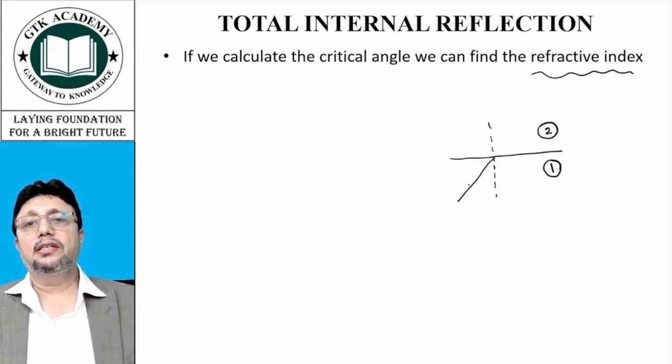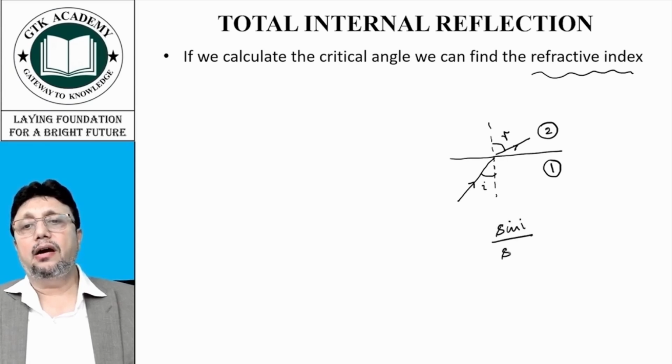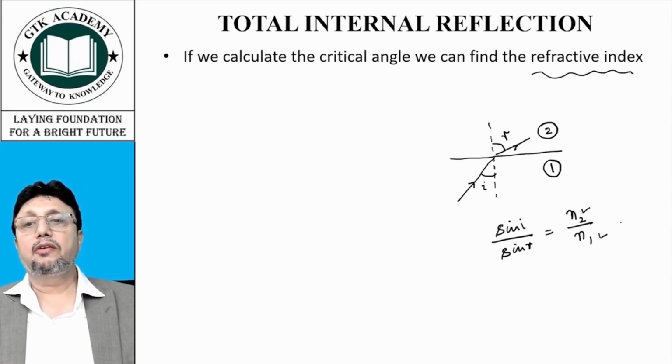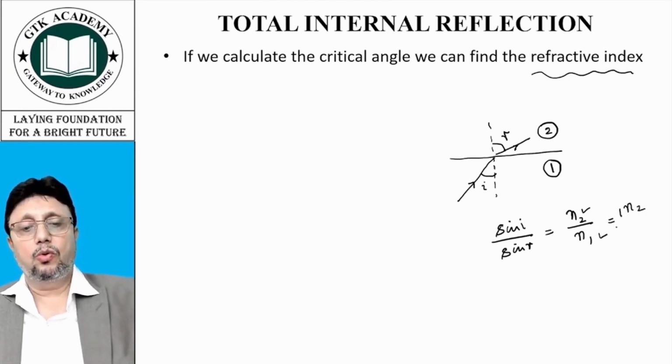If a light ray is incident here and this is the angle of incidence, and you say this is the angle of refraction, sin I upon sin R is equal to N2 upon N1, right? That means N2 is refractive index of medium 2, N1 is refractive index of medium 1. We also write it as 1N2, refractive index of medium 2 with respect to 1.